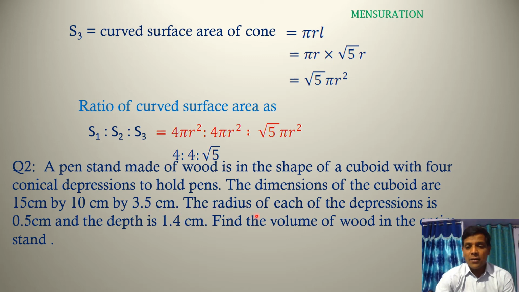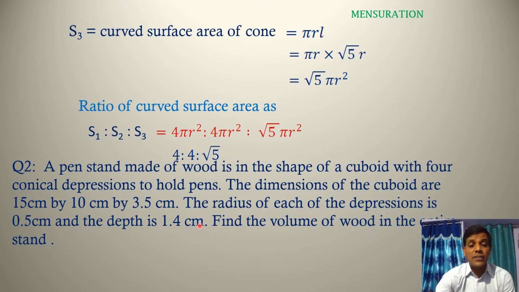The radius of each depression is 0.5 centimeters and depth is 1.4 centimeters. Find the volume of wood in the pen stand.